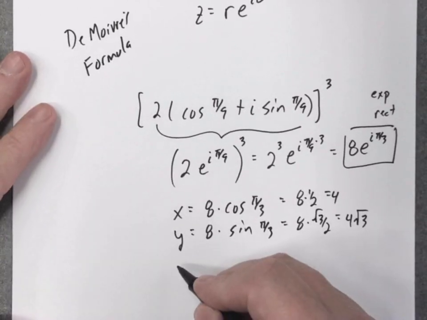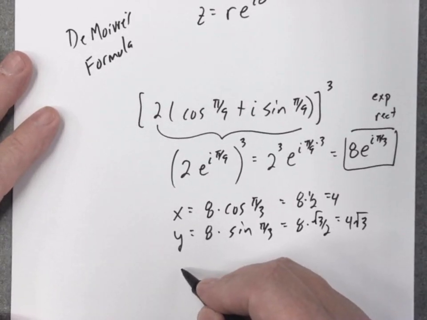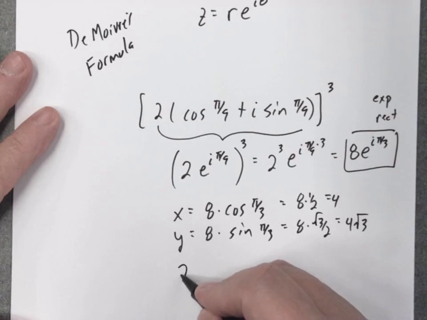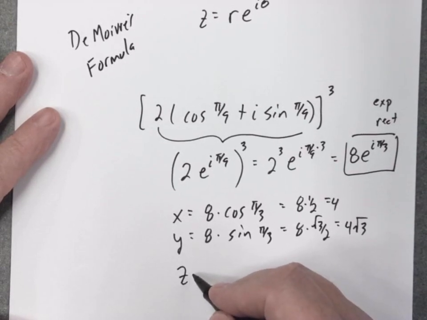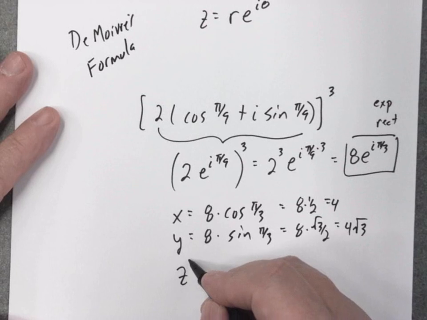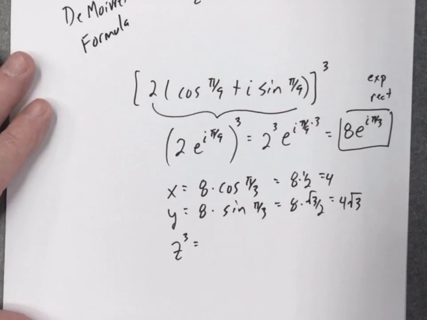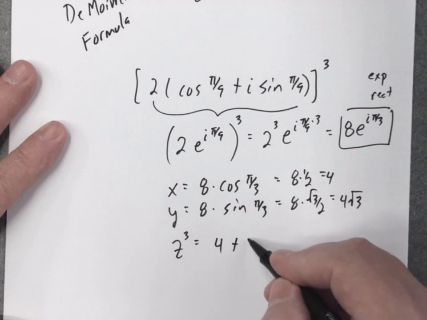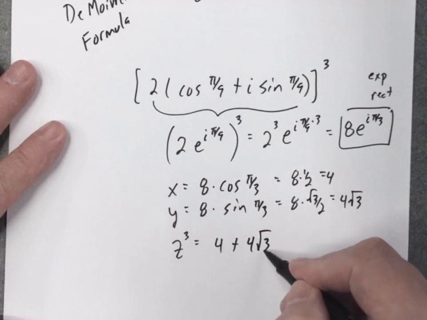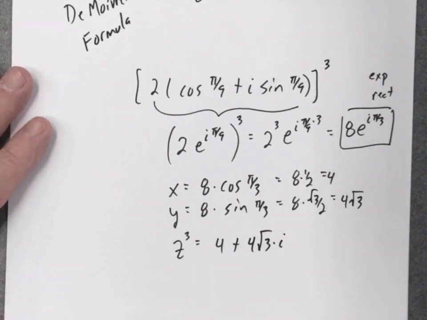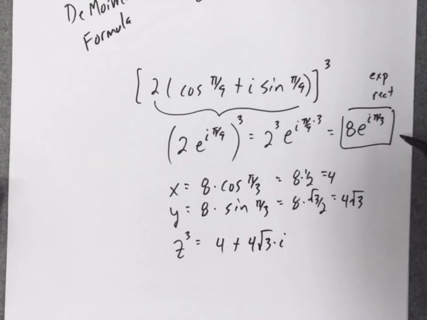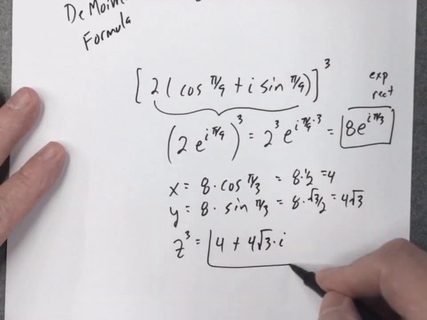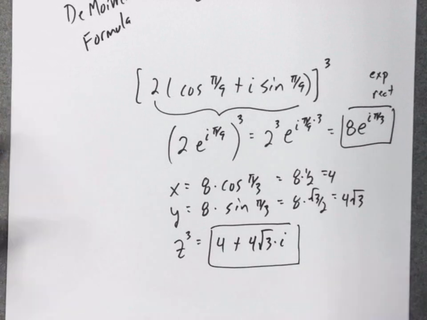So now, in rectangular coordinates, I'll just call this z to the third. It's going to be 4 plus 4 square root of 3 times i.